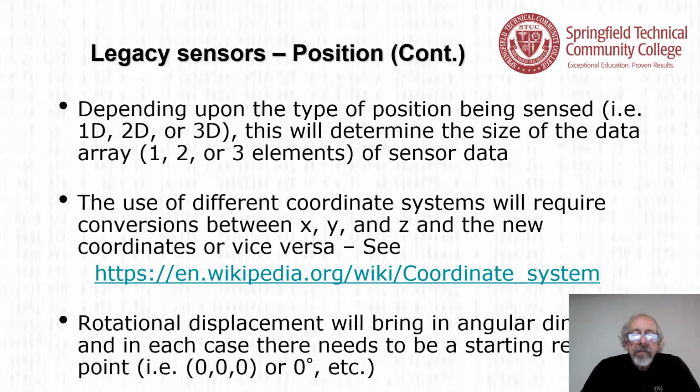You might want to take a look at this link for Wikipedia's take on coordinate systems. It gives you relationships between different coordinate systems. Rotational displacement will bring in angular dimensions, and in each case there needs to be a starting reference point. For example, 0, 0, 0, or say 0 degrees.